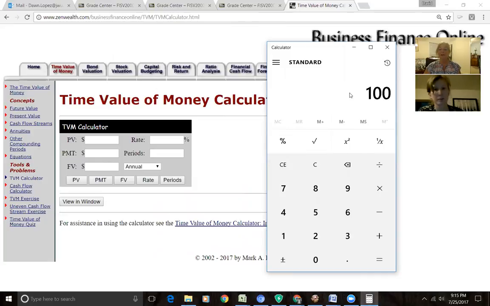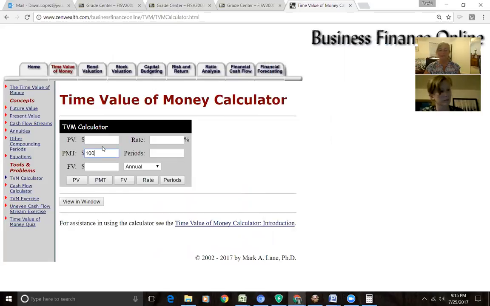So that $100 goes into my time value calculator. This becomes my payment because the owner of the bond is the lender to Disney. I lent Disney $1,000. They're going to pay me, or whoever's the owner of the bond, whoever's holding it, $100 every year until the bond matures, and then they have to pay the loan in full.